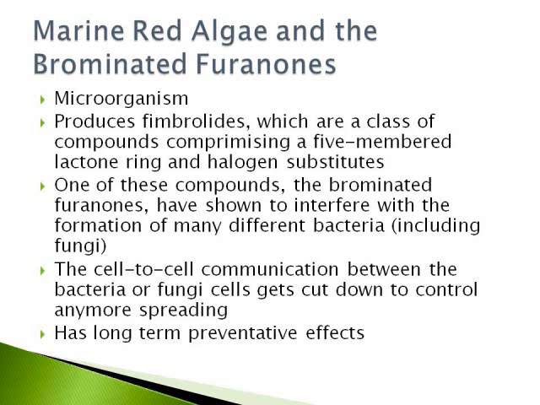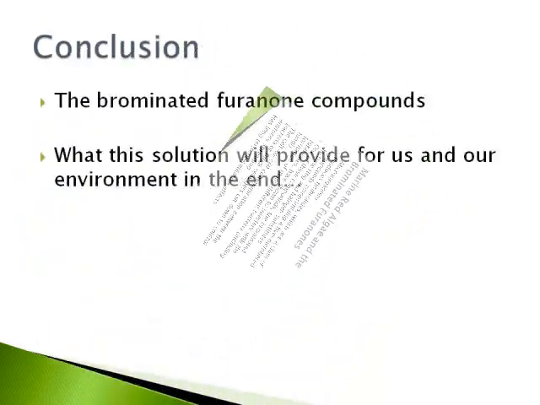It alters the composition and limits the fungi spores that are produced by cutting off cell-to-cell communication, destroying its reproduction. On top of this, brominated furanone compounds cause a long-term preventative effect, thereby more than likely requiring its application just once to prevent any further or beginning of wood decay.